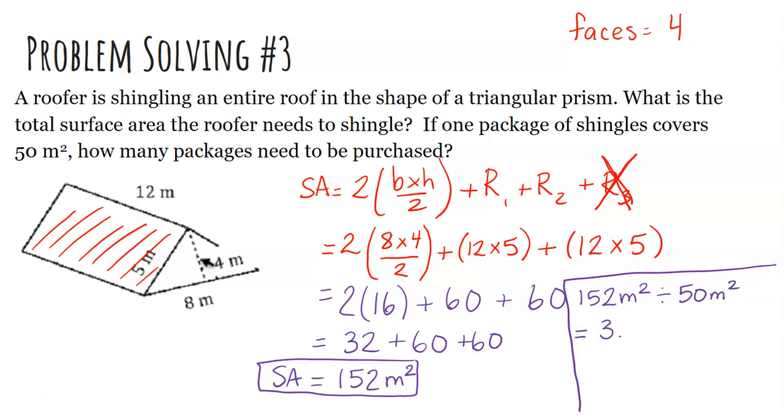I'm going to get 3.04. And that tells me that I need 3.04 packages. In a real-life scenario, we couldn't buy 0.04 of a package, so we'd have to round up if we really wanted to cover this and have 4 full packages. There would be quite a lot left over, but at least we'd be able to cover the entire roof.